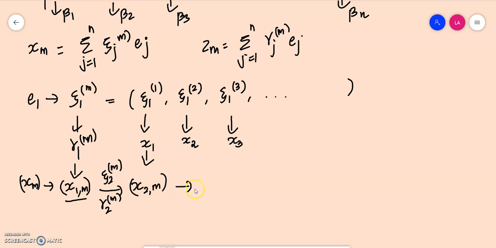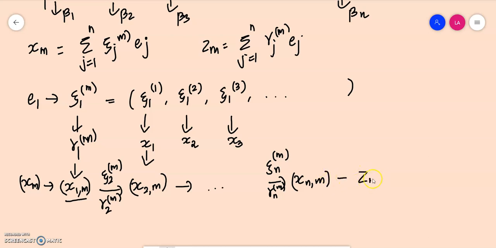If we proceed like this, in the nth stage we have the sequence theta_nm and the associated subsequence eta_nm or gamma_nm, and the last subsequence x_nm as we defined in the previous case.